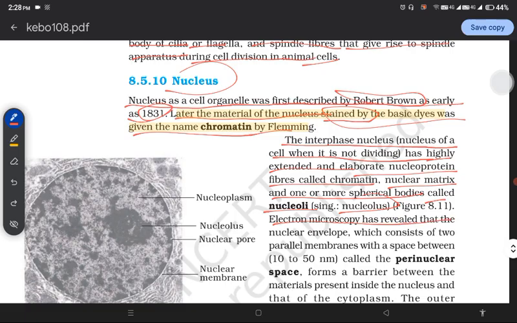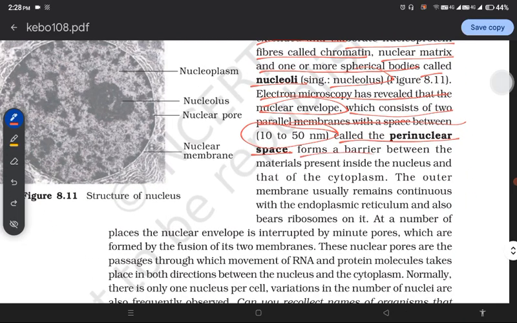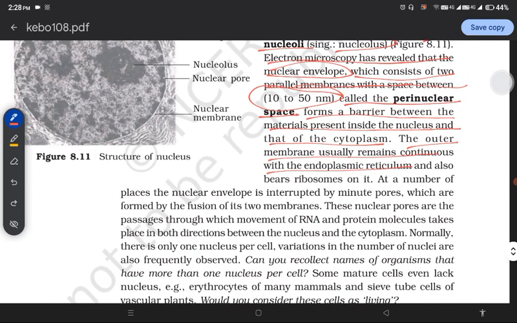Electron microscopy has revealed that the nuclear envelope consists of two parallel membranes with a space between them called the perinuclear space, 10 to 50 nanometers. It forms a barrier between the material present inside the nucleus and that of the cytoplasm. The outer membrane usually remains continuous with the endoplasmic reticulum and bears ribosomes on it.